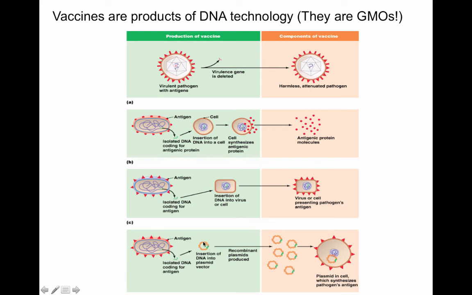And they've cloned that gene into a plasmid, and then taken that plasmid and injected the plasmid into a host. So it's the plasmid that is in the vaccine. And then what happens is when this plasmid is injected into your body, it causes some of your body cells to produce the pathogen's antigen and stimulate an immune response.